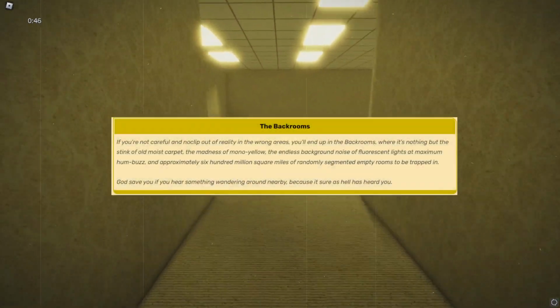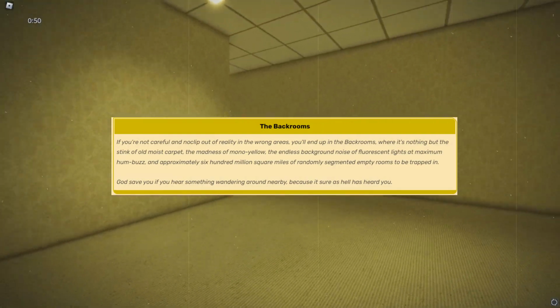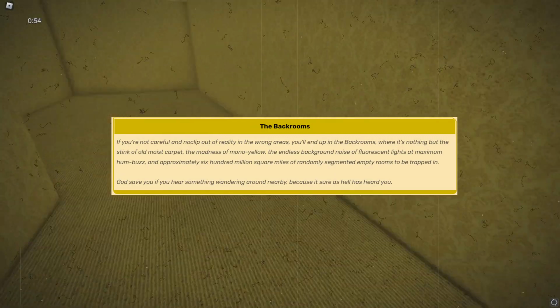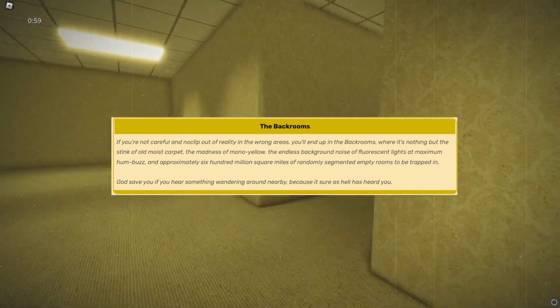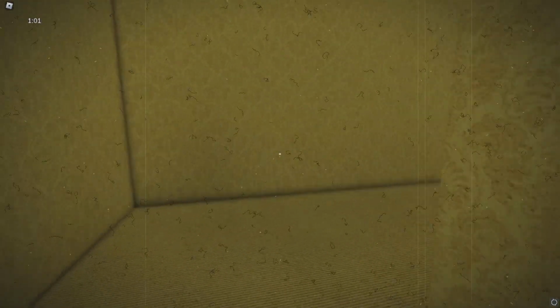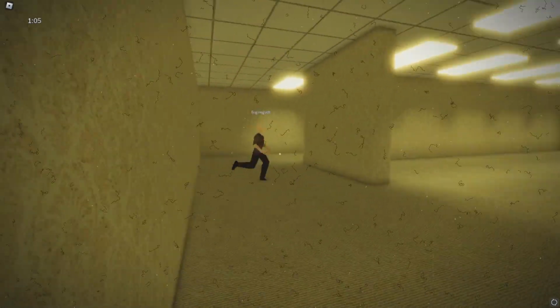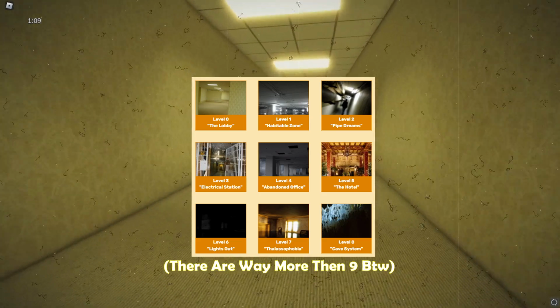So basically, from what I understand, if you're lucky or unlucky, like me I guess, then you will accidentally no clip out of reality and end up in the backrooms. So what is the backrooms? Well, the backrooms have many different levels within it that we'll be talking about later.